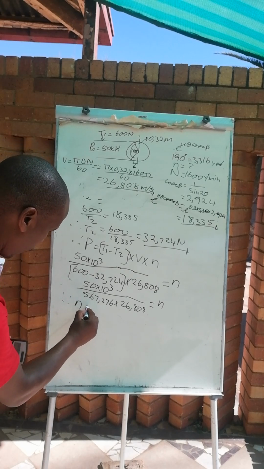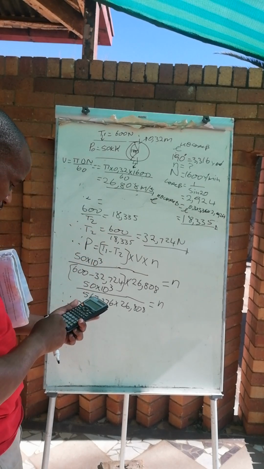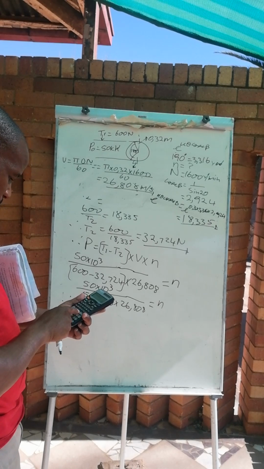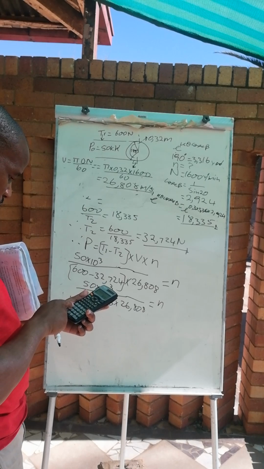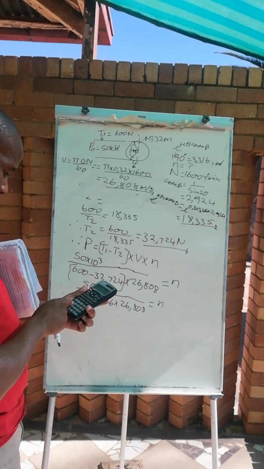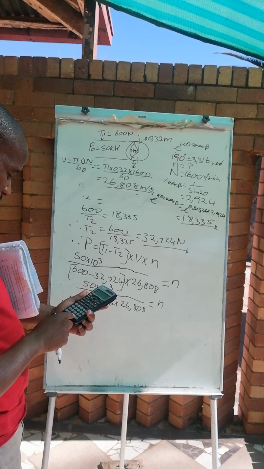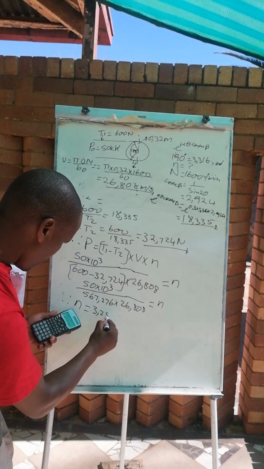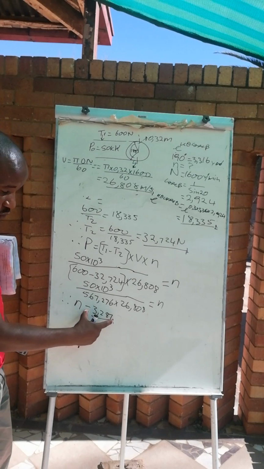Therefore, N is equal to what? The number of V belts that should be connected to that pulley. It will be 50 exponent 3 divided by open brackets 567.276 multiplied by 26.808, closing brackets. Answer, you've got 3.287.